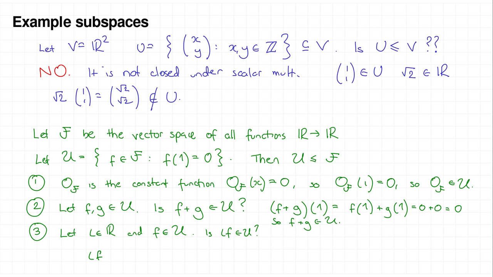L times f at a particular input is defined to be just L times f of that input. So L times f at 1 is L times f of 1. That's the definition of scalar multiplication in this vector space. But of course, f of 1 is 0 because f was an element of U. So this is L times 0, which is 0 again.